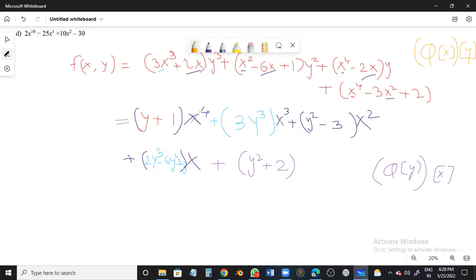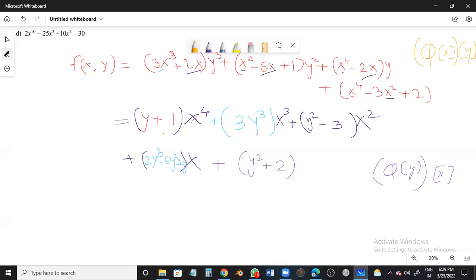So what you observe, this is as good as a polynomial in the indeterminate y. And the coefficients are polynomials in x. What we did, the same polynomial we have written, but we have collected the coefficients of x. This was x raised to 4. So we watch here x raised to 4 into y we have. This is x raised to 4 into 1 we have. So that is what we have taken.